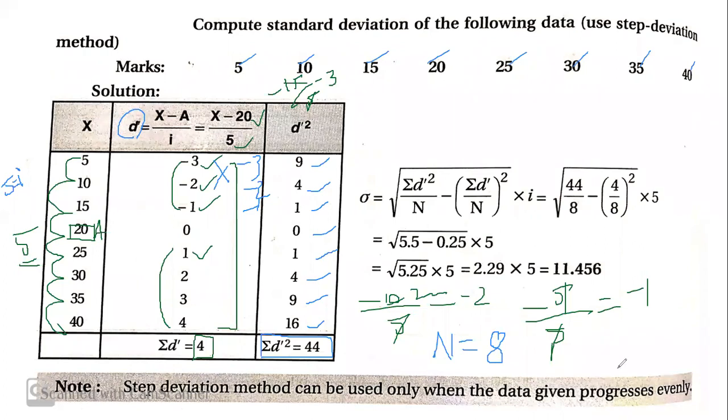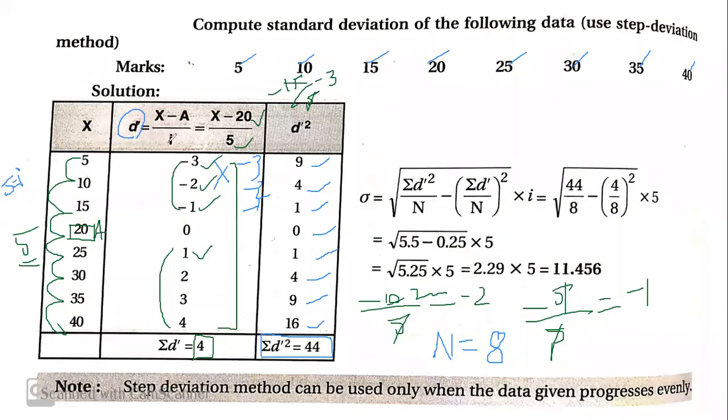So this is how we calculate the data. Now I'll summarize whatever we did. We copied the marks, that is X, from the question. We calculated D dash with the formula X minus assumed mean divided by I. The assumed mean was considered to be 20, and I is the common value, that is the difference between all the data that you can see here, which is 5.